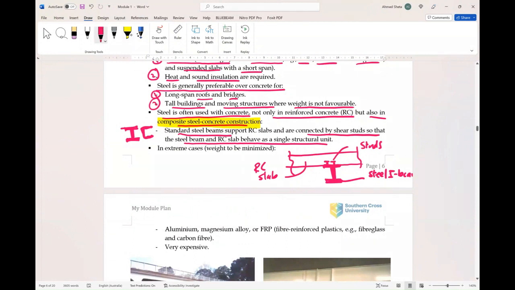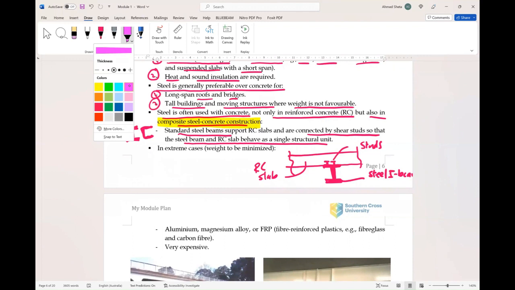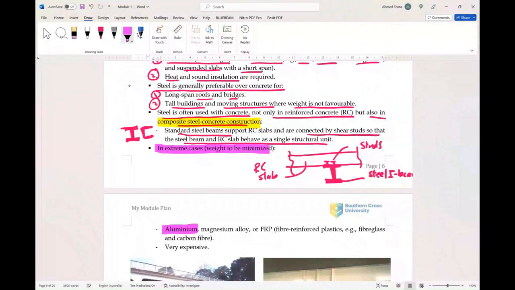In some cases, when we need weight to be minimized, aluminum or magnesium alloy or FRP, fiberglass, carbon fiber may be used. So in some cases we prefer to use a different material rather than steel or concrete.